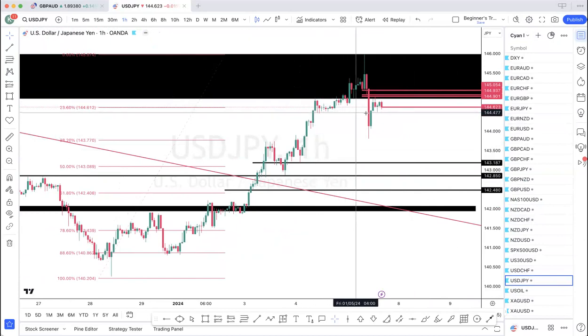Once it started breaking these lows, this impulse move, it's selling. But we'll see what Sunday, Monday open give us. We shall see.